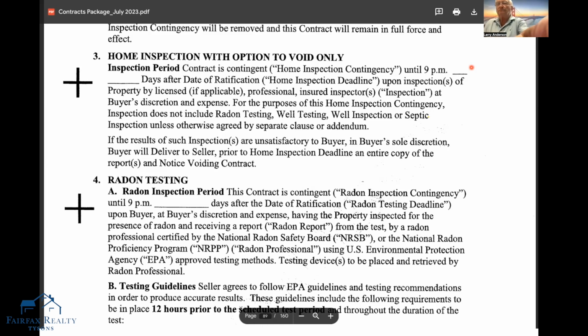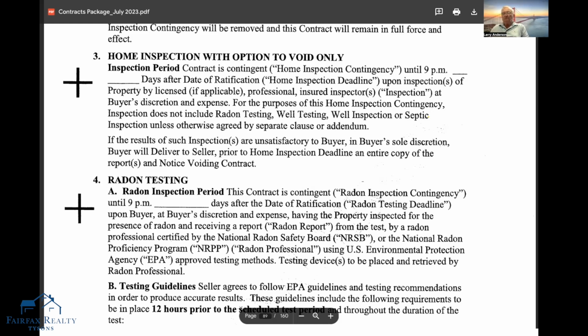Larry, I have a question. Take the home inspection with the option to void only. Then what happens if, let's say, in this case, I'm not sure how to explain it.